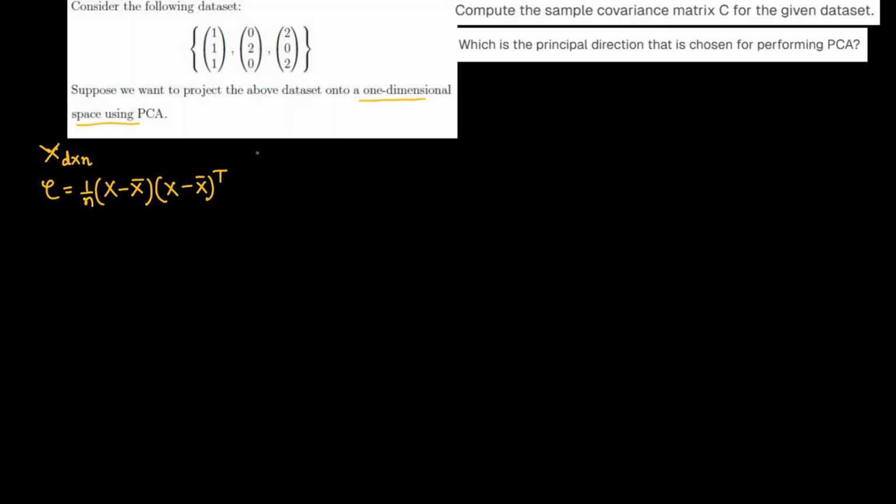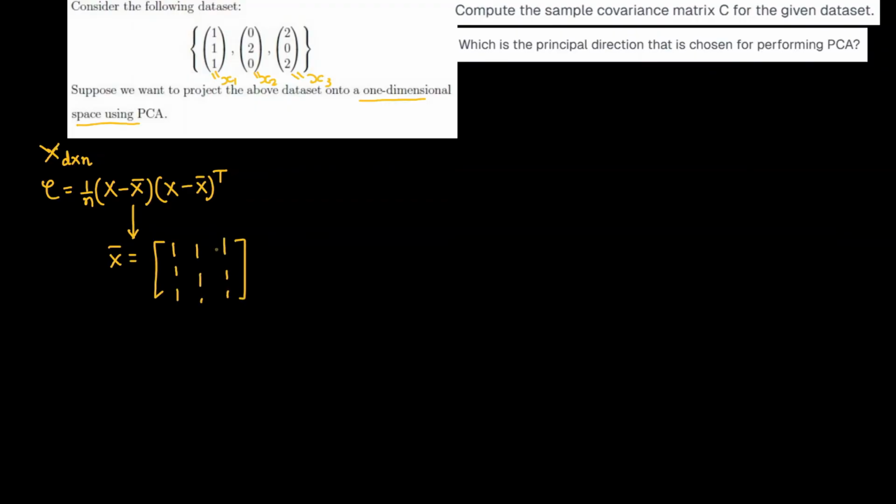So the sample covariance matrix is given by 1 by n times x minus x bar. So this is x1, this is x2 and this is x3, right? So x bar would be, let me write x bar as 1 1 1, 1 1 1, 1 1 1.